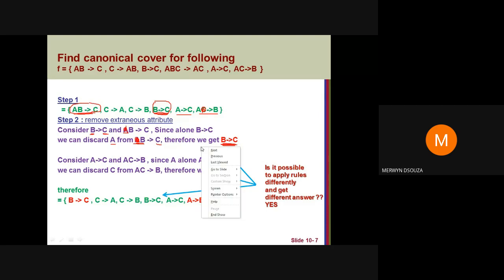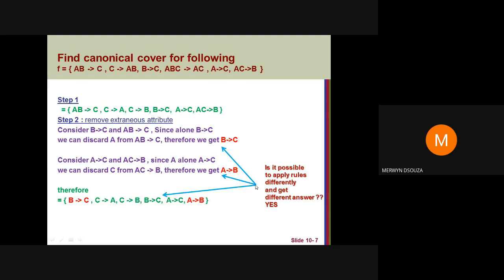Now you could have applied the rules in some other way. I have applied the rules in this manner. You could have applied some other rules and got a different answer, and then maybe you would have got a different output.